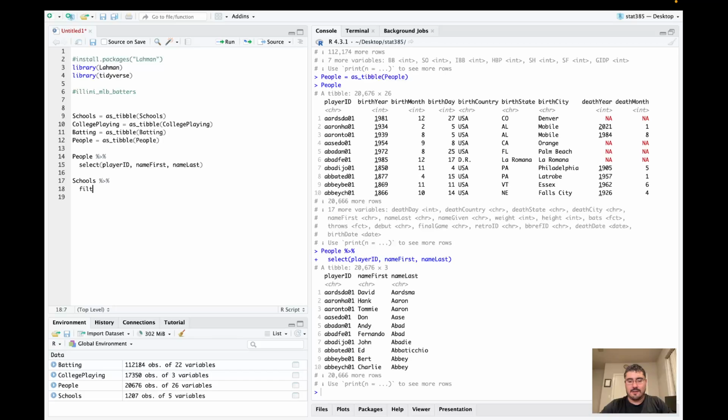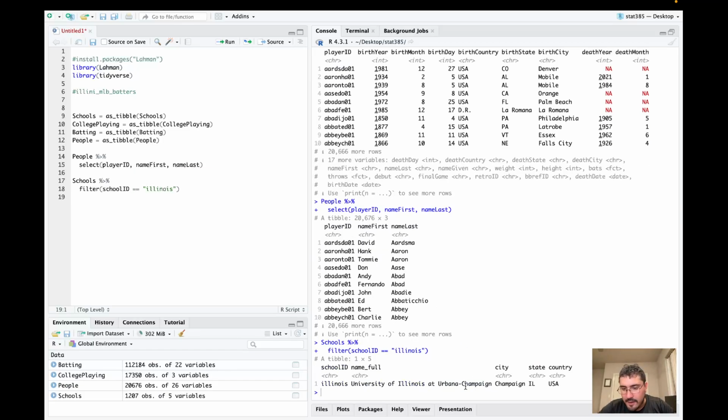I think the school ID is just Illinois for Illinois, not with a lowercase I. Okay, so Illinois, school ID, name full University of Illinois at Urbana-Champaign. That's us. City Champaign, state Illinois, country USA.